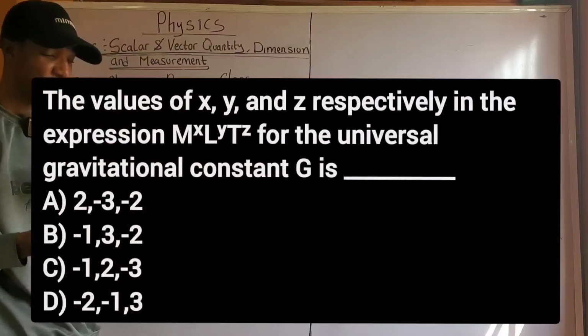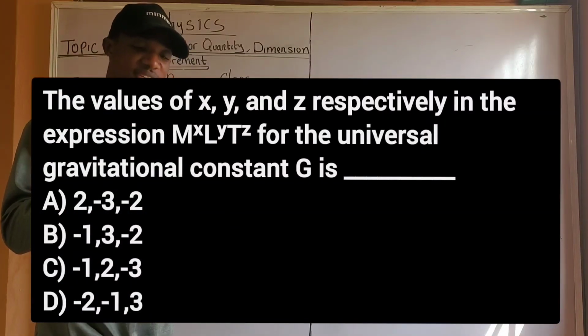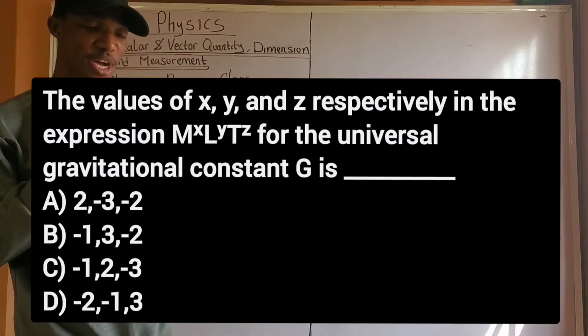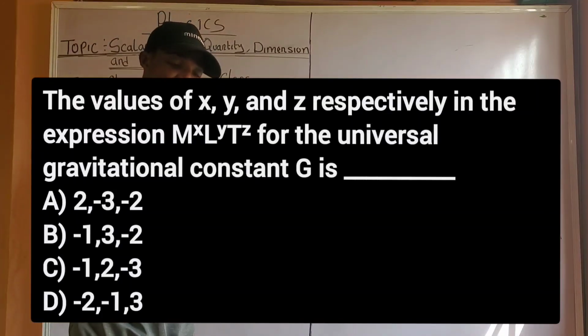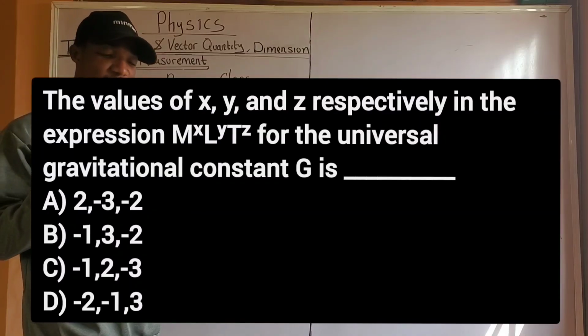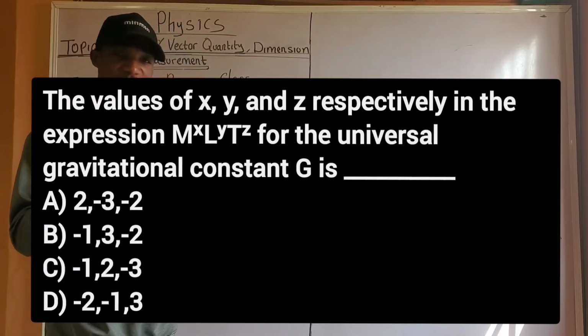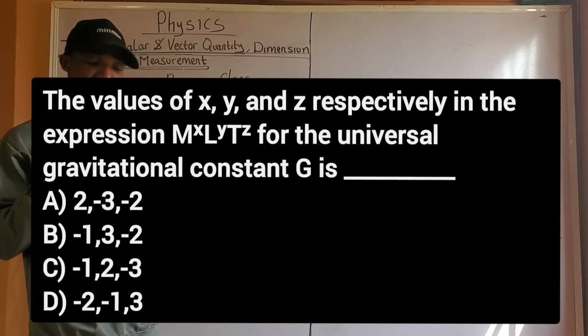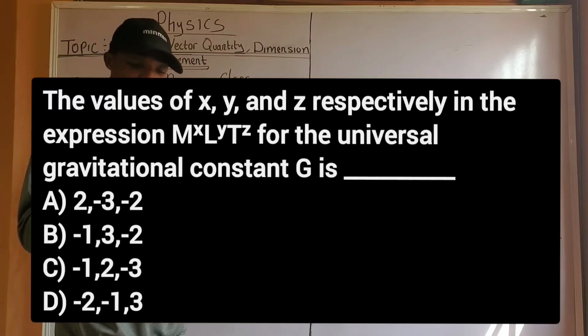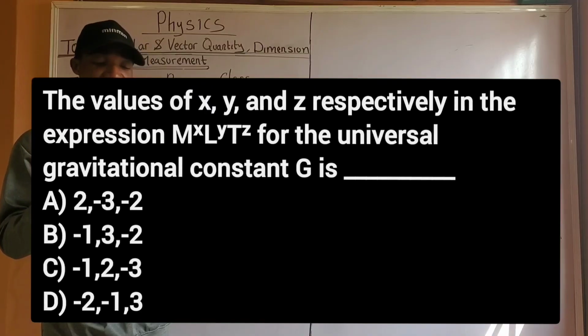Okay, the values of x, y, and z respectively in the expression M to the power of x, L to the power of y, T to the power of z for the universal gravitational constant G is dash: A, 2, negative 3, and negative 2; B, negative 1, 3, and negative 2; C, negative 1, 2, and negative 3; D, negative 2, negative 1, and 3.